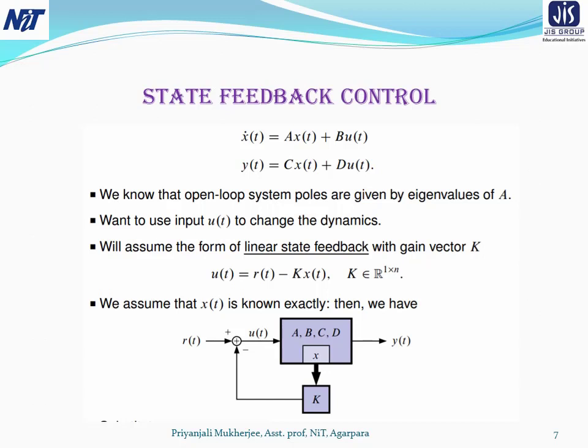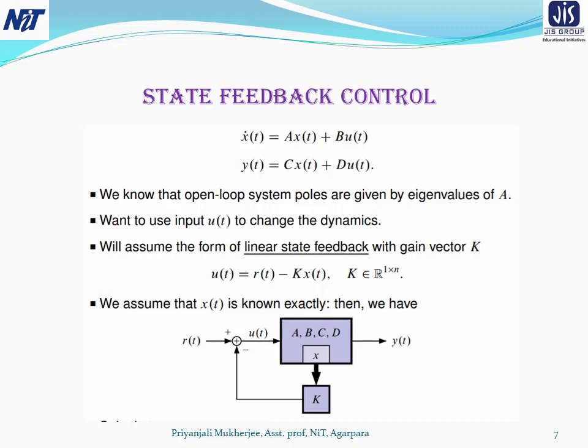If we consider the general equation, the state equation becomes x dot = Ax(t) + Bu(t), whereas y(t) = Cx(t) + Du(t). Now we can use the input u to change the dynamics, and the open loop poles are actually the eigenvalues of the system matrix A.